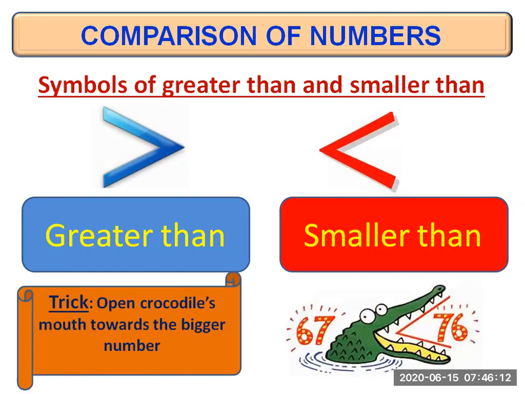So, the pro tip here is whenever you are comparing two numbers, always open the mouth of the crocodile towards the bigger number, because as you can see above, the symbols of greater than and smaller than seem just like the open mouth of a big hungry alligator, right?